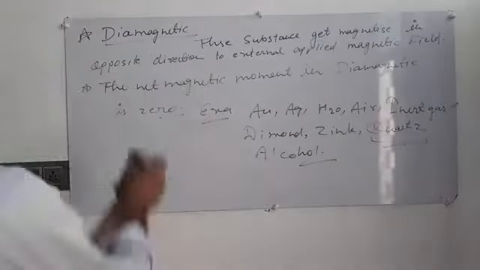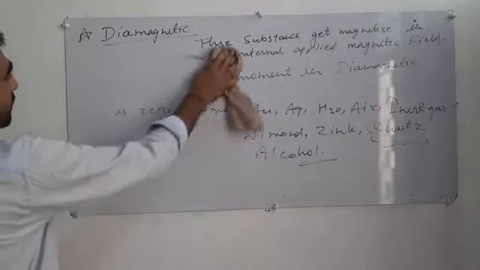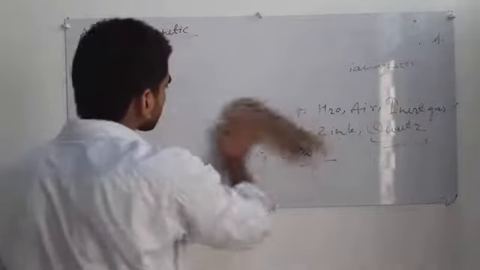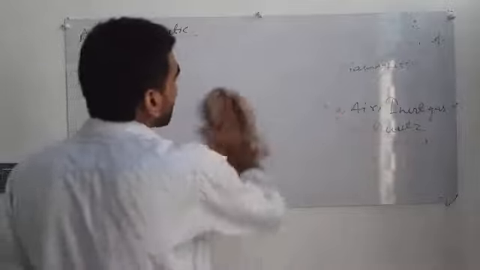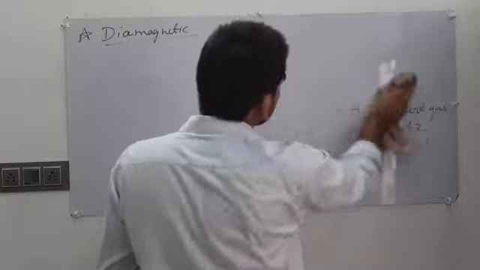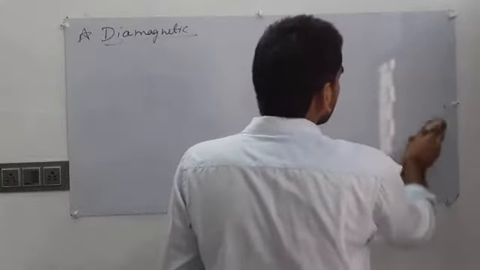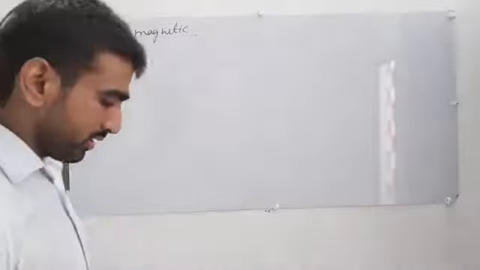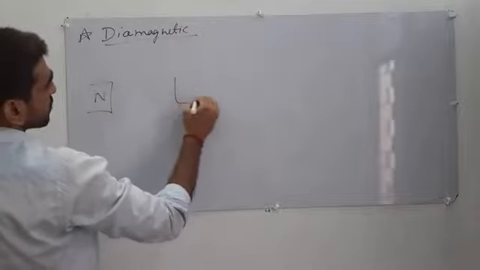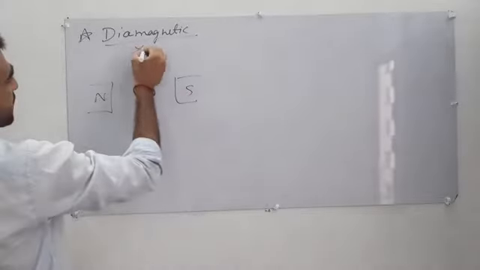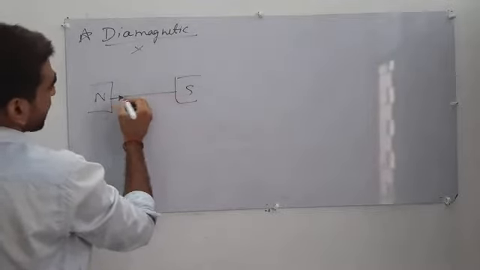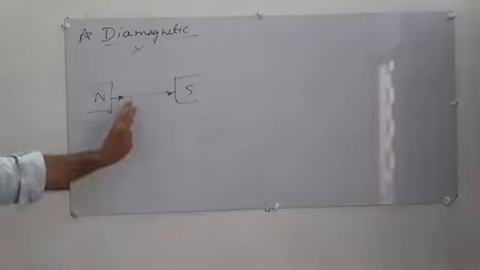Now we discuss some properties related to diamagnetic materials. First of all, if we suspend a diamagnetic material, then it aligns itself in a uniform magnetic field. Say this is the north pole and this is the south pole, and these are the magnetic field lines, with direction from north to south.